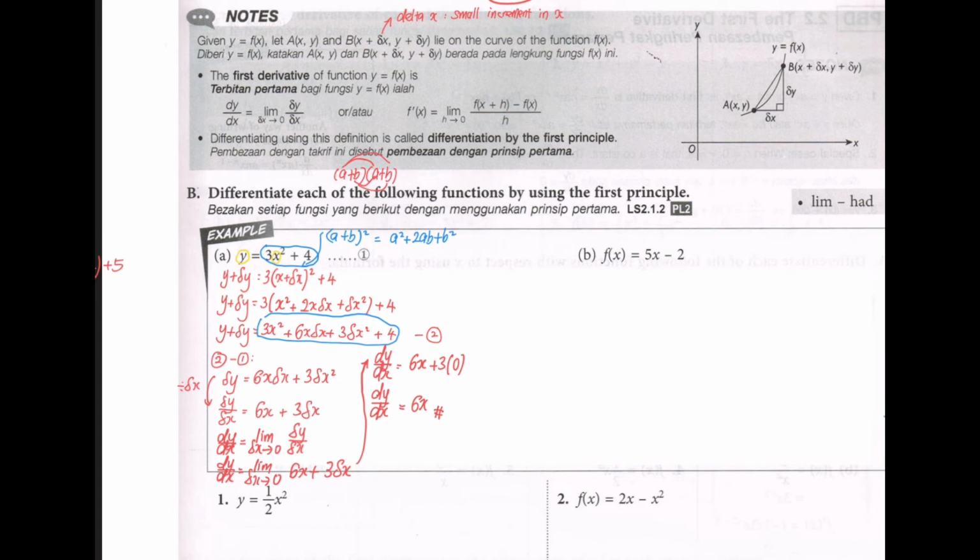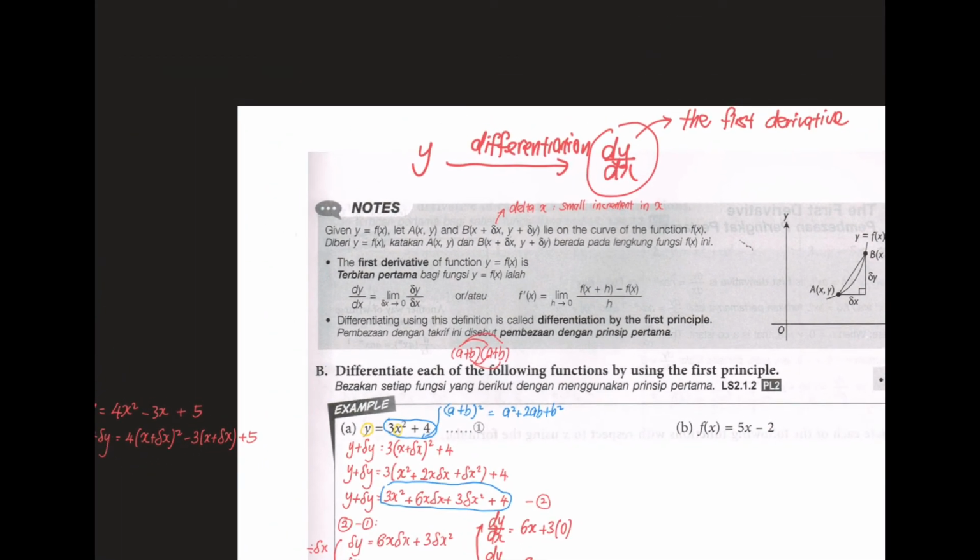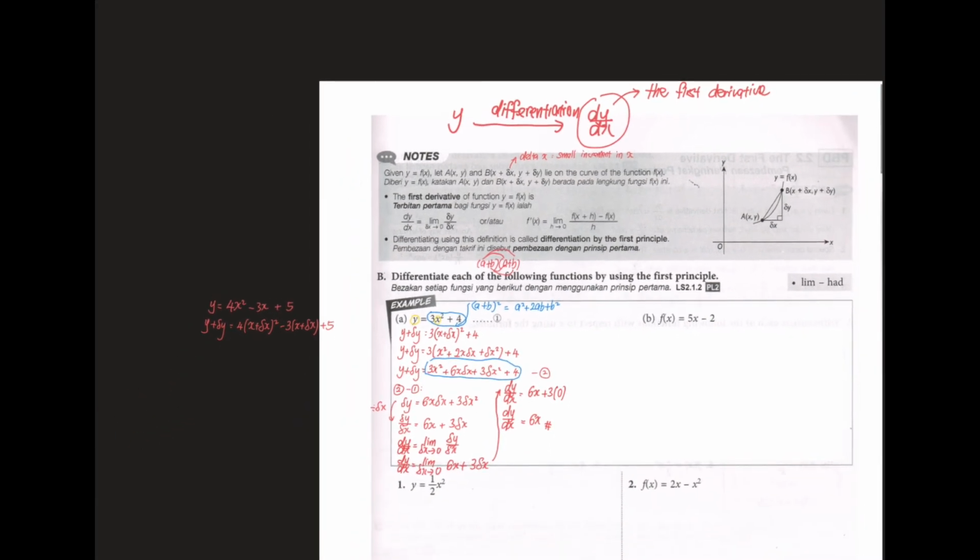If they give f(x), we have to understand it in this way. If you are given y, differentiation will change it to dy dx. As you can see in our example here, at the beginning it is y, then you keep doing, then you get dy dx. So y to dy dx is called differentiation.